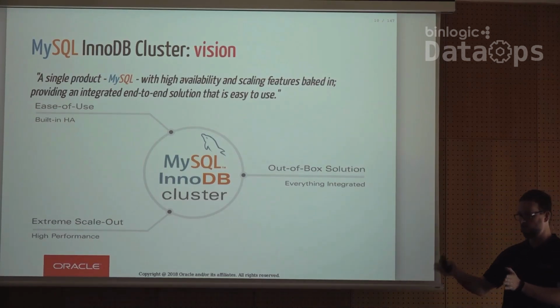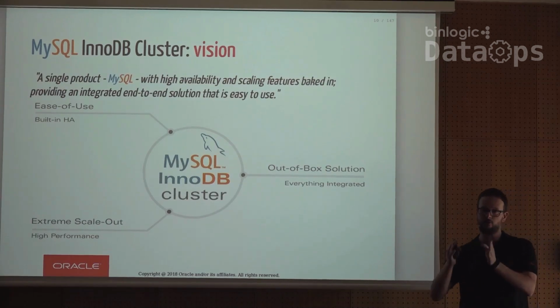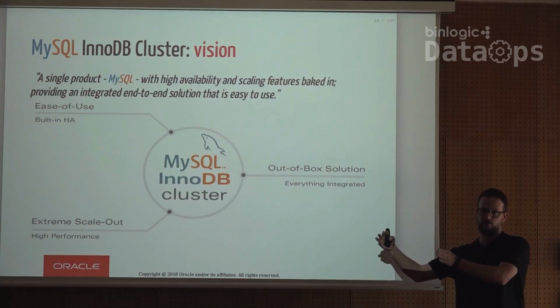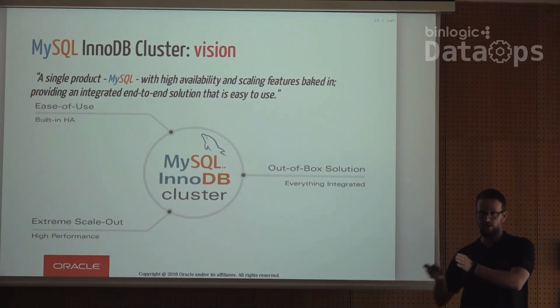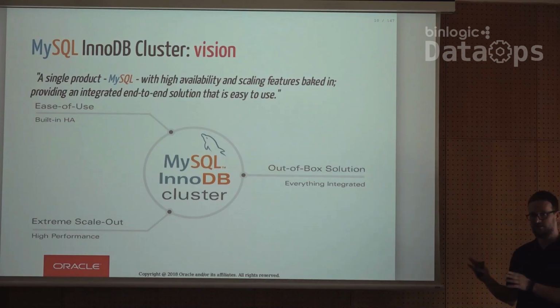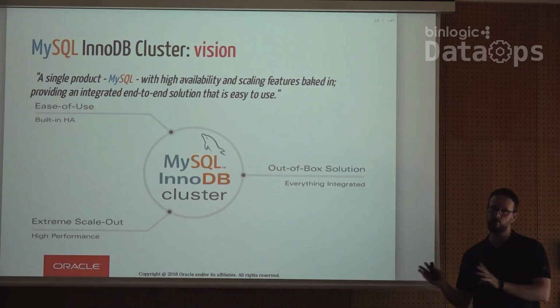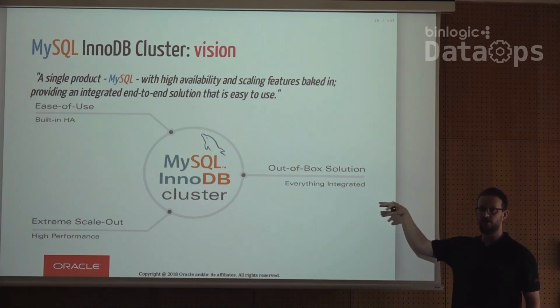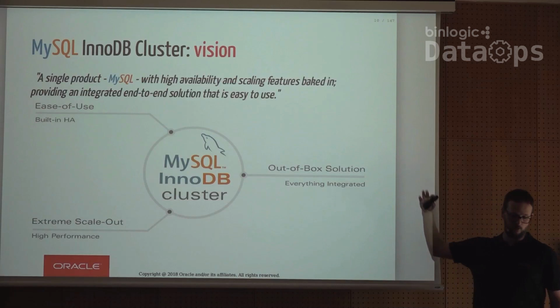Because if your capacity is 100 writes on one node, the other nodes already write the same 100 writes because the replication is almost synchronous, right? So you can scale your reads, but you don't scale your writes with an HA solution. The only way you can scale your writes is by using sharding, right? And in our vision, we want to integrate sharding in the solution also, but we are not yet there.